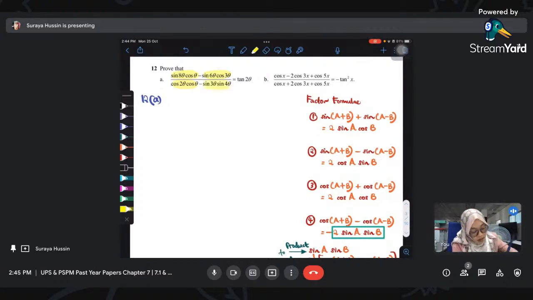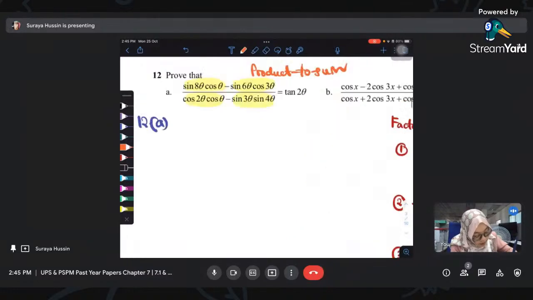And here you must be very familiar to product to sum, which berhubung kait dengan factor formula lah. So this is what I meant when you see something times, whereby they have a lot of times over there, it's gonna give you some hint that this is a product and you need the sum.